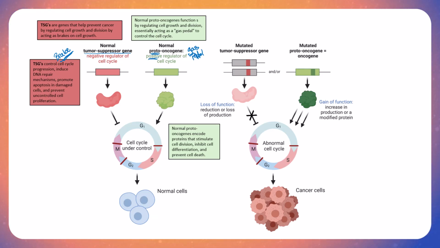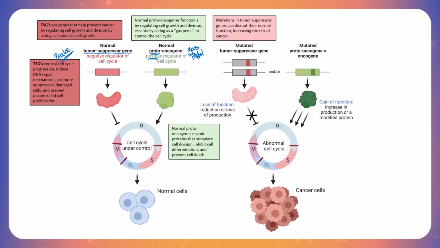These are positive regulators. This is the gas pedal. It's green. They're going to naturally be progressing the cell through the cell cycle. You naturally also have these TSGs, tumor suppressor genes, which are acting as a brake, and so they are preventing a lot of the unwanted stuff from happening, while the normal proto-oncogenes are progressing naturally through the cell cycle.